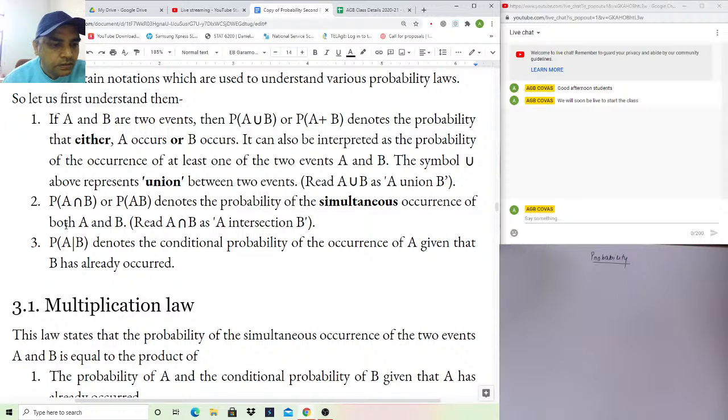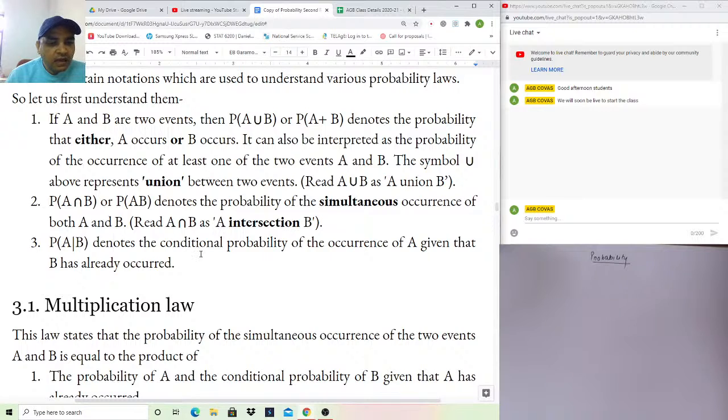It is read as A intersection B. So when it is intersection, these two events occur simultaneously. Then what is this P(A/B)?